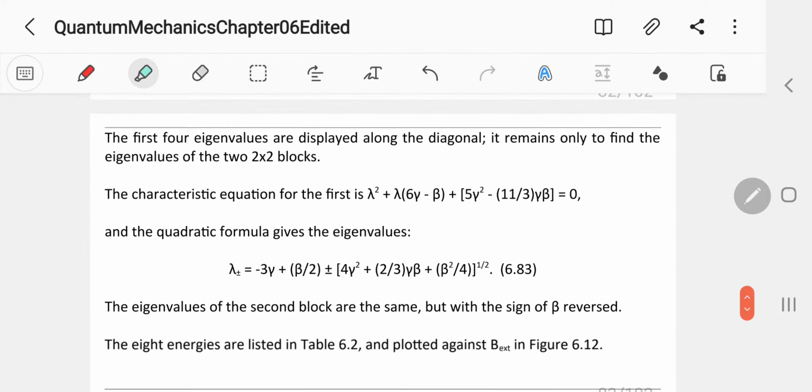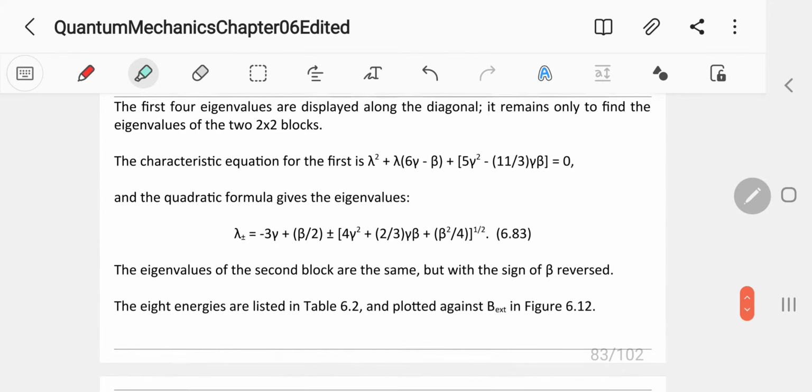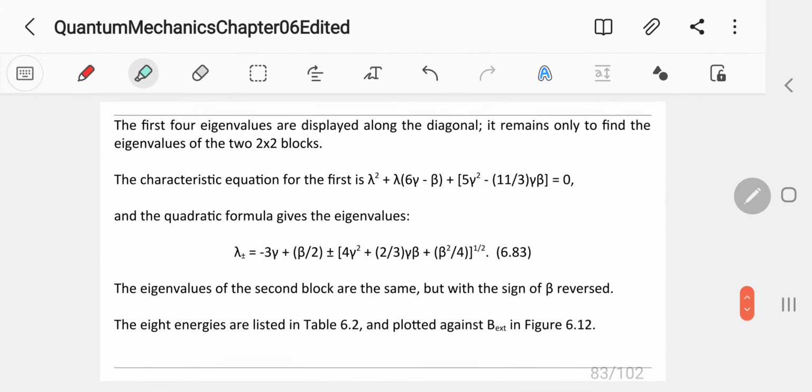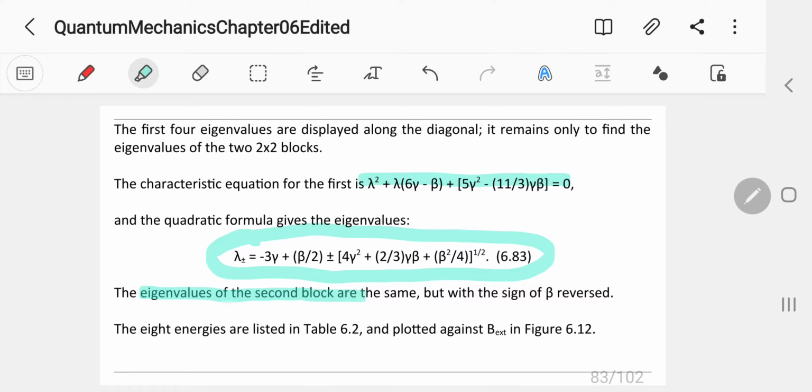So the characteristic equation for the first one would have to be this, and it will give you eigenvalues equal to this one here. But the eigenvalues of the second block would have to be the same, but with the sign of beta reversed.